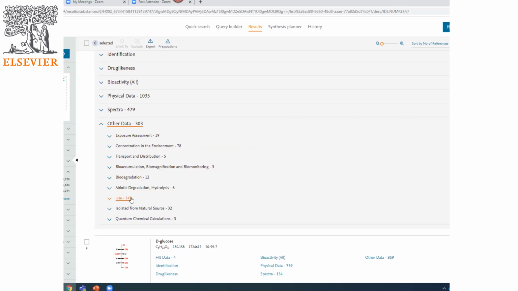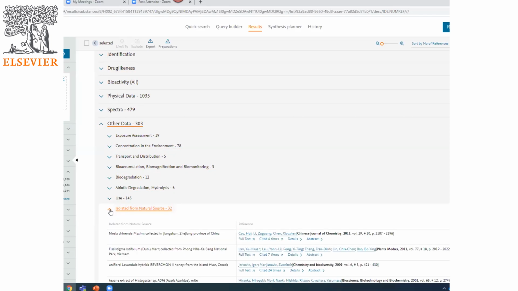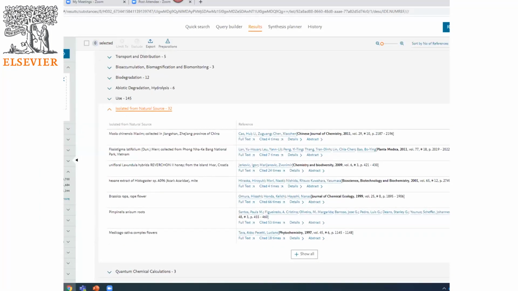Also, there is very interesting information about how this substance is used. And also you can find here isolated from natural sources.